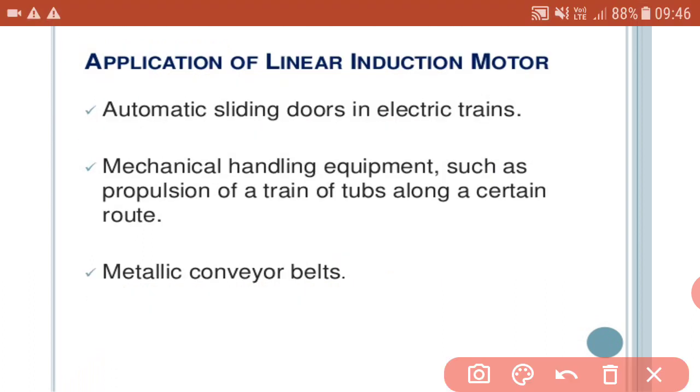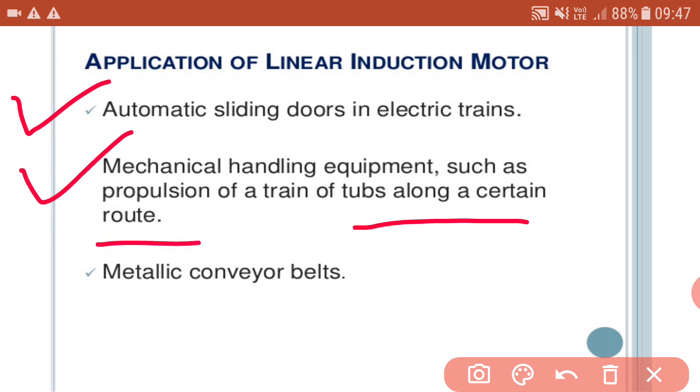Now applications of linear induction motor. It is used in automatic sliding doors in electric trains. We know that in a sliding door there is linear motion, so we can use it in automatic sliding doors in electric trains. Another application is mechanical handling equipment, such as propulsion of a train of tubes along a certain route.